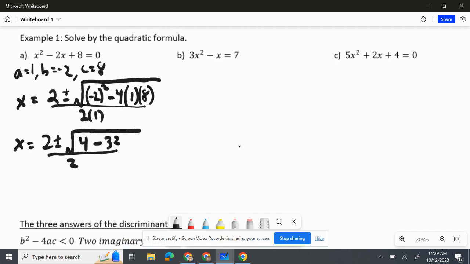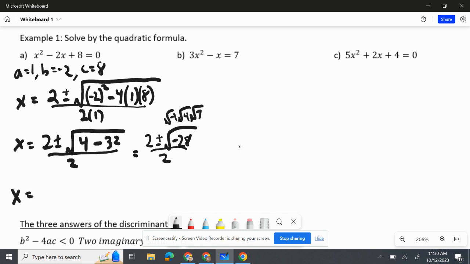4 minus 32 would give us negative 28. So we have 2 plus or minus the square root of negative 28 over 2. And we know that negative 28 is negative 1, 4, and 7.